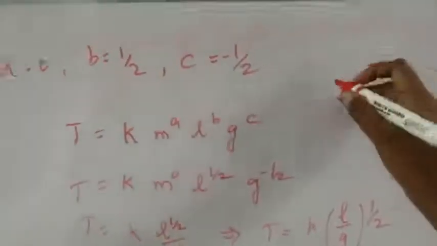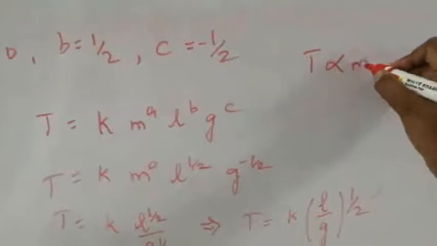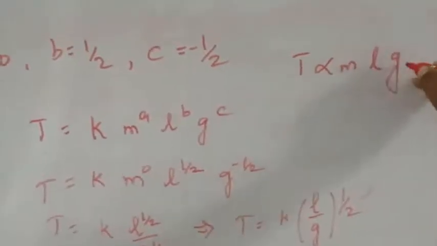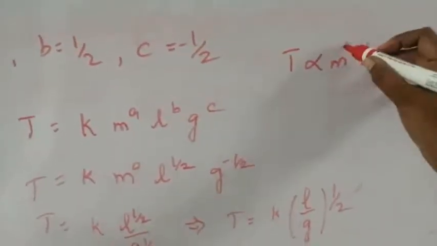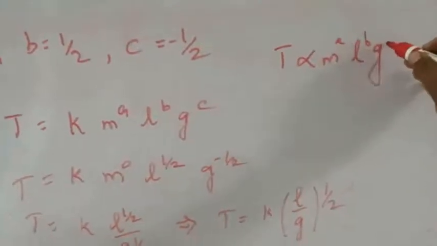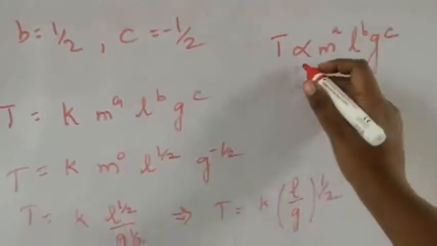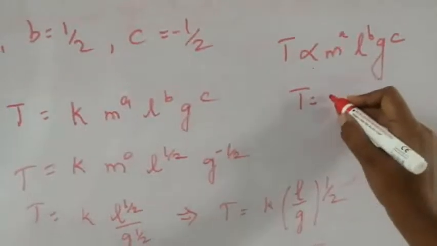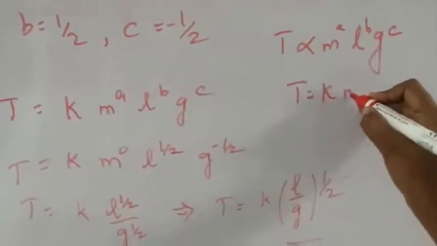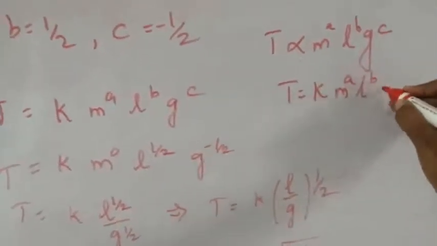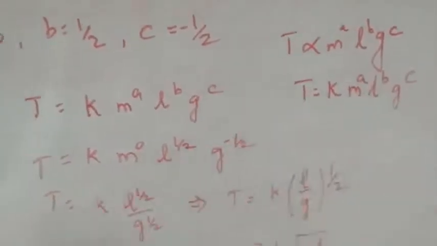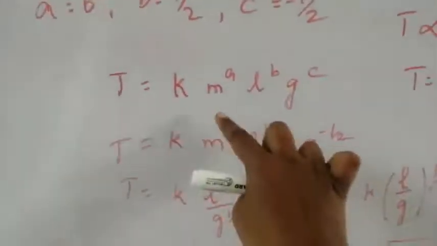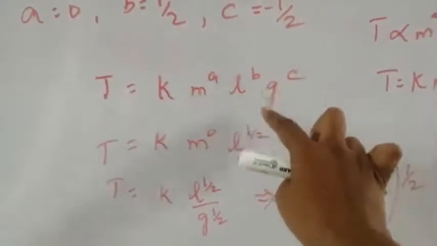The time period T is related to mass, length and acceleration due to gravity, and the equation is T is equal to k into m power a, l power b and g power c.